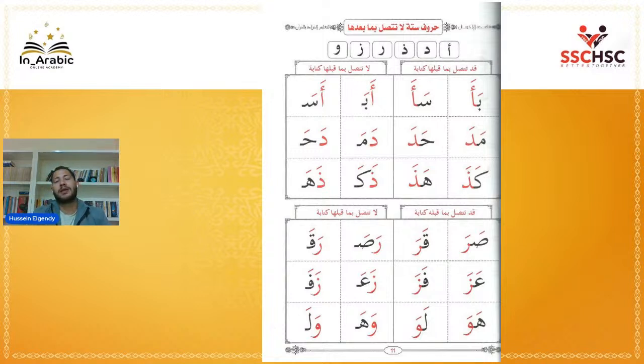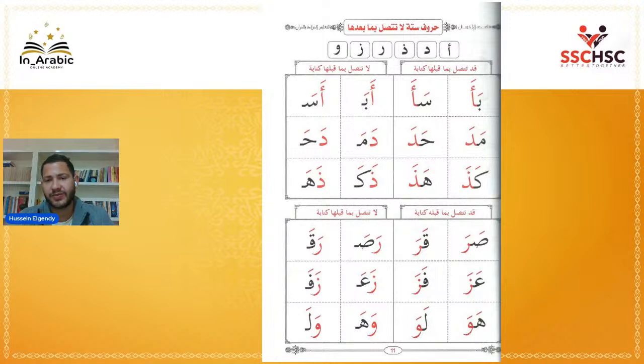Then the same word that we had, sa'a, has sin and alif, and in the case of alif before sin, it cannot be connected.